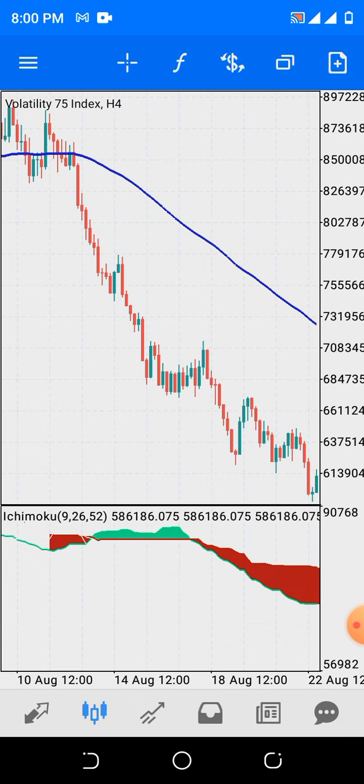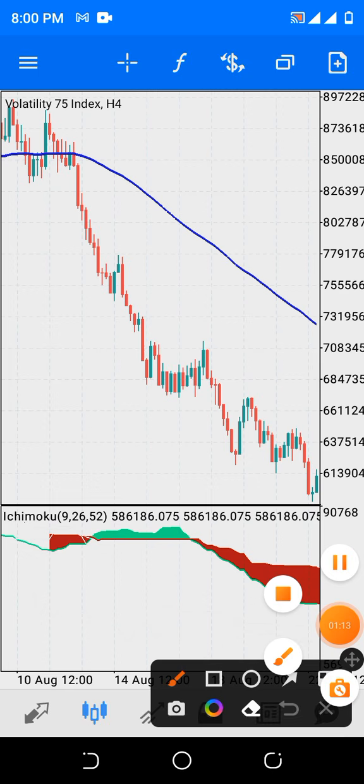Now, from here, you will see that the candlesticks are clearly below the moving average, which is a downward trend. You understand? The second thing is to come to the side of Ichimoku for your entry.